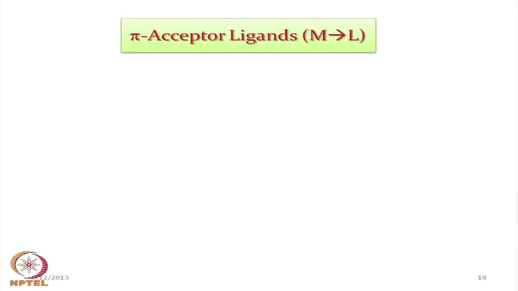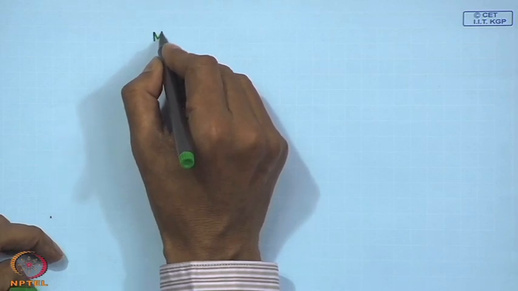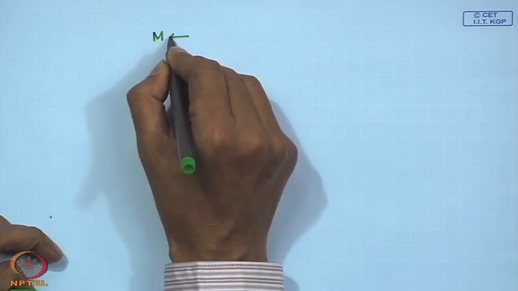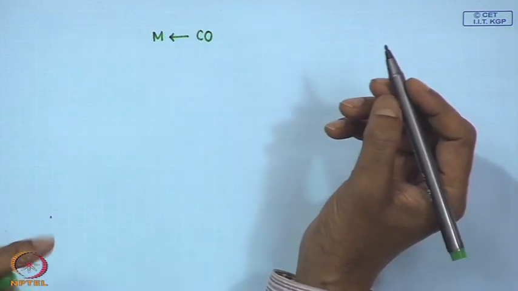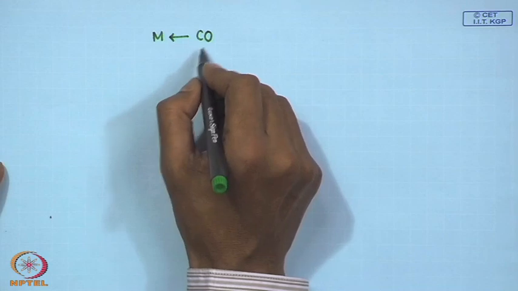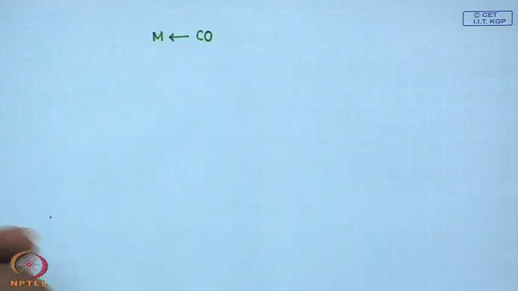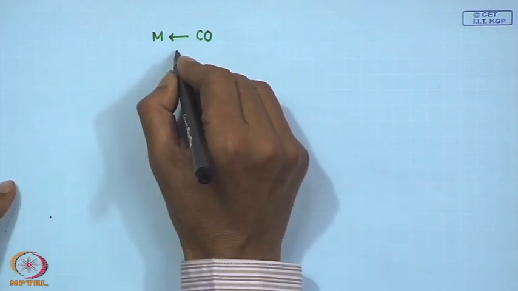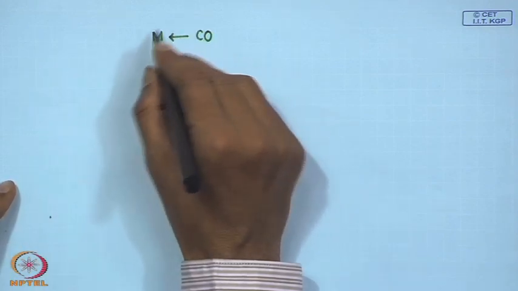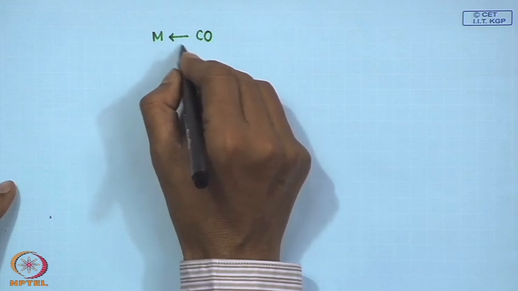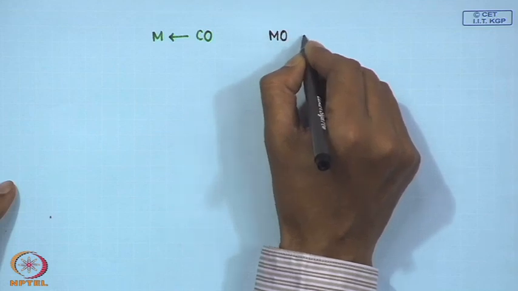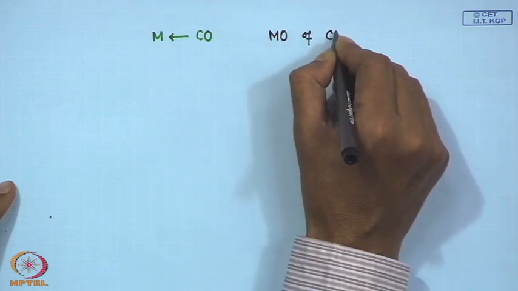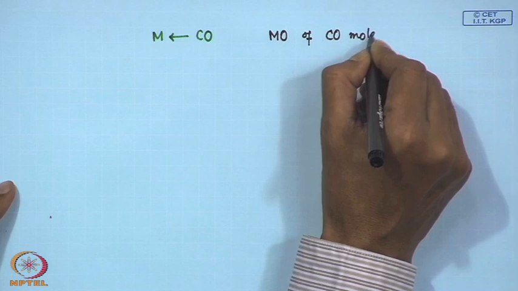So, in case of these pi acceptor ligands like our carbon monoxide molecule, what we will see is that this metal center is available and we have the carbon monoxide molecule, and the electron density is coming from the carbon monoxide, this is the corresponding type of donation, depending upon the corresponding molecular orbital of the carbon monoxide molecule.